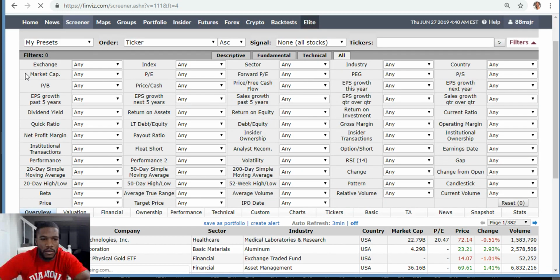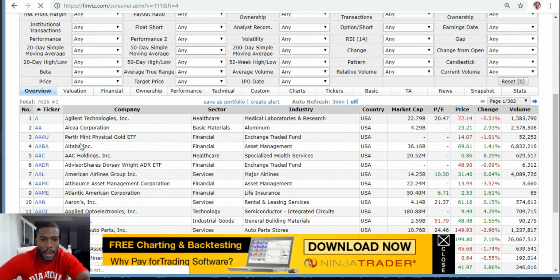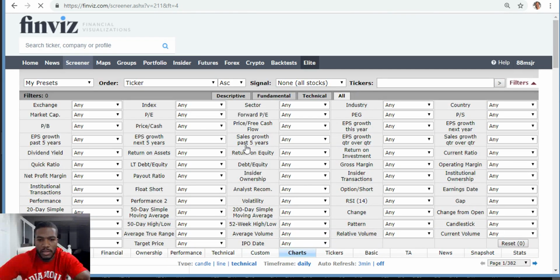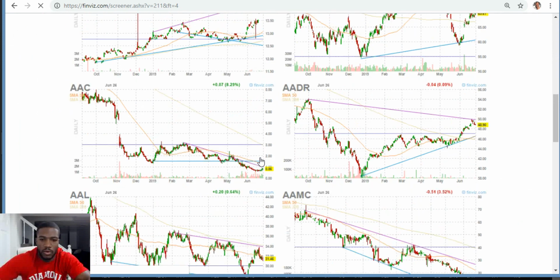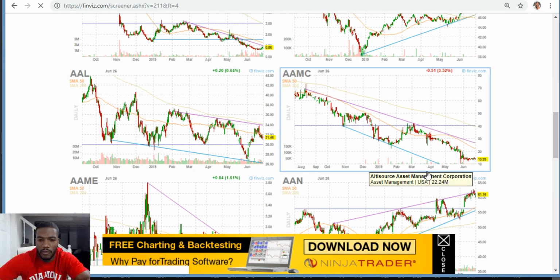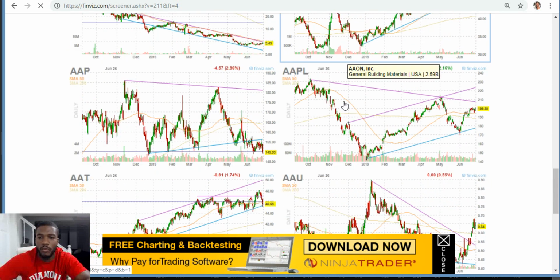It gives you everything for you to set in place and basically build the criteria that you're looking for. Okay, now all of it will pop up down here. You could set this on charts, right? And it'll basically just show you all the stocks in a different form like this. And you could just swim through a lot of it and find what seems valuable to you.